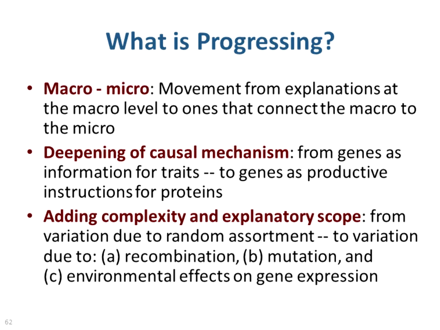And overall, another way that you can think about progress is that we're adding complexity and explanatory scope. So we're adding mechanisms that allow us to explain a broader array of phenomena. If initially you think about segregation and independent assortment, two traits, let's say freckles and dimples, are separated.